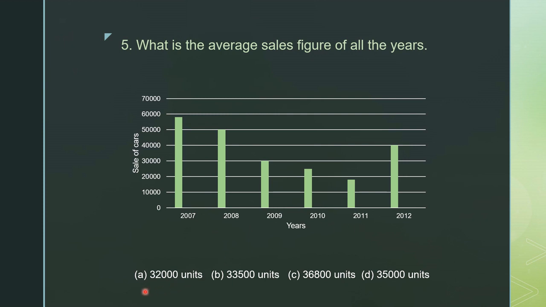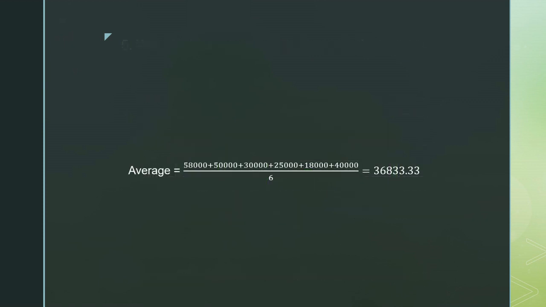The first option is 30,000 units, the second option is 33,500 units, the third option is 36,800 units, and option D is 35,000 units. So this is the method of average calculation.